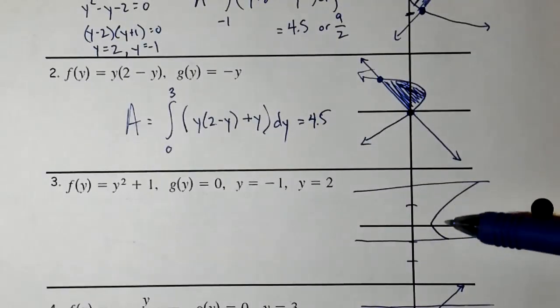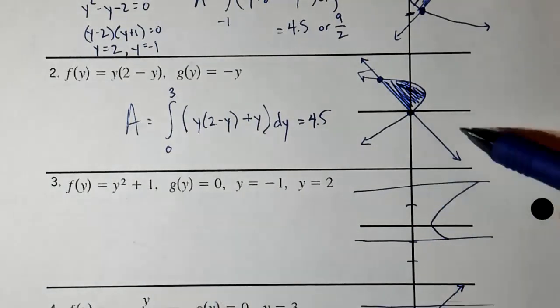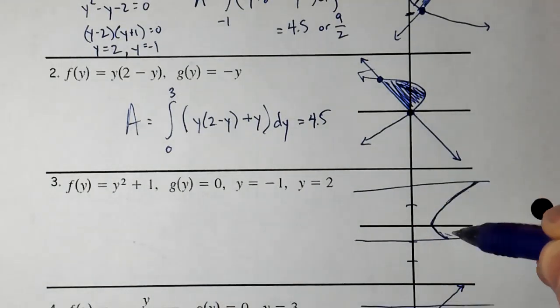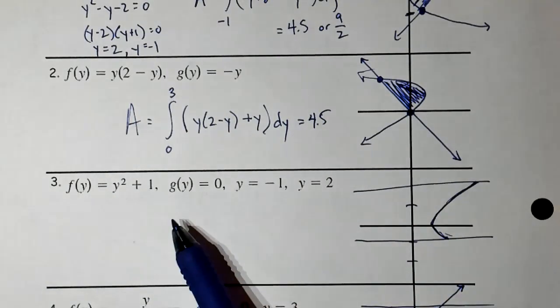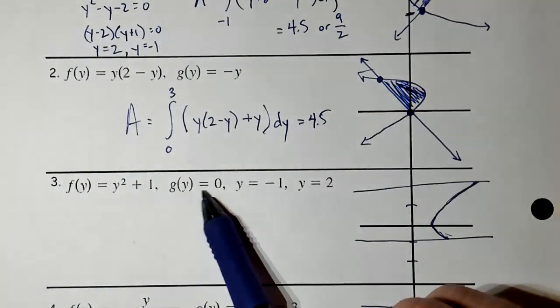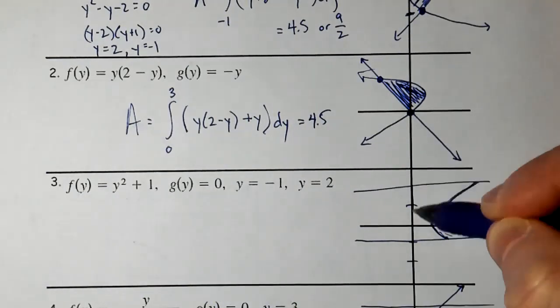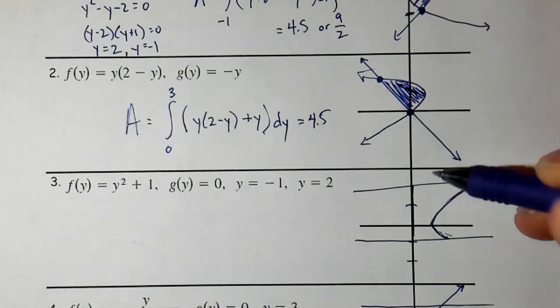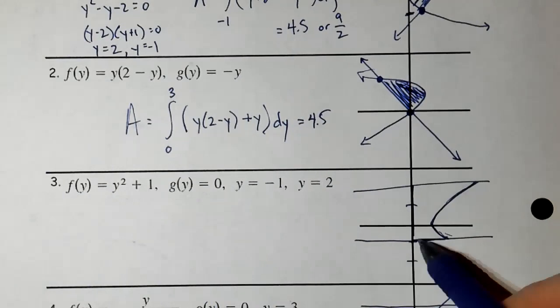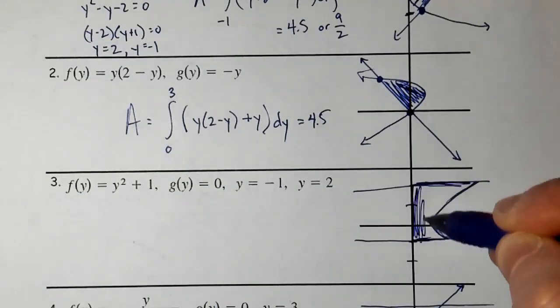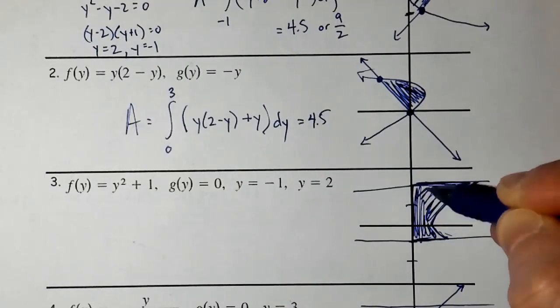Okay. Here we're looking at the y squared plus 1, which is right here. We're also looking at, in this case, x equals 0. So you're looking at this right here, and then y equals negative 1 and y equals 2. So we're looking at this entire area right here.